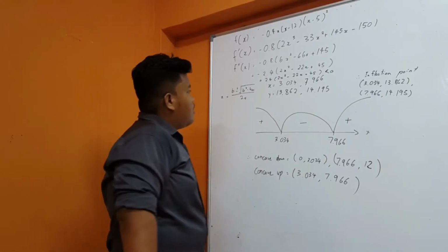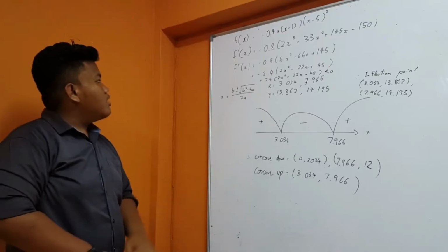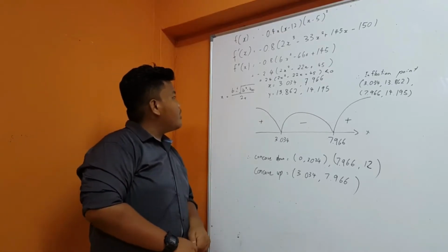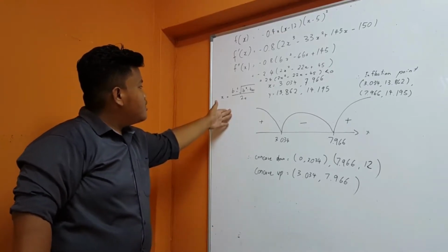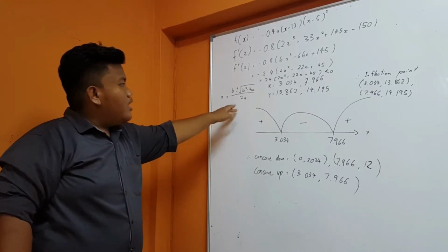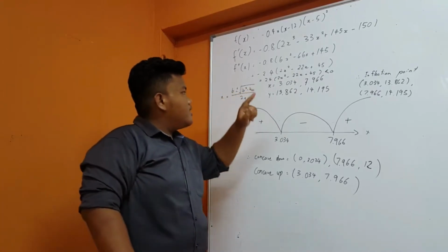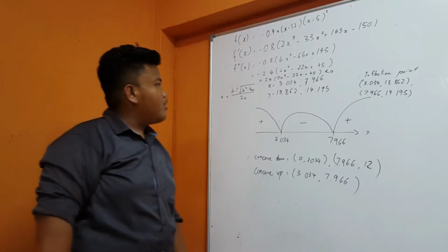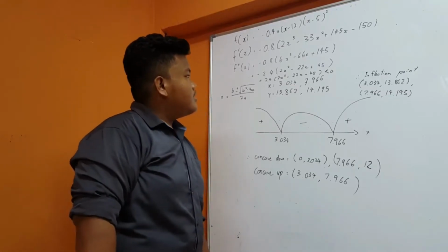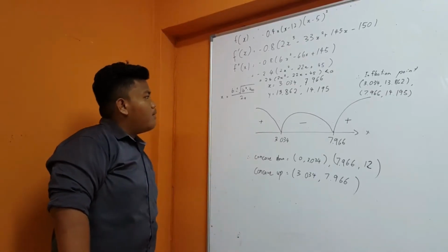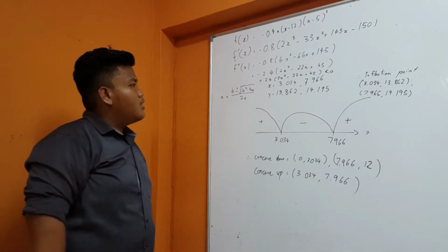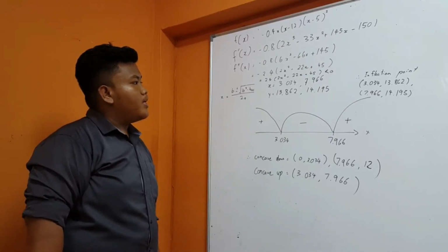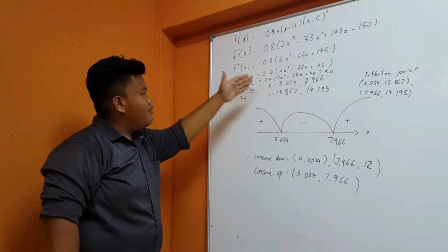To find the roots of the second derivative equation, we use this formula, and we got the roots of x as 3.034 and 7.966.